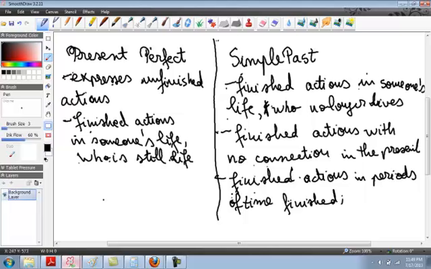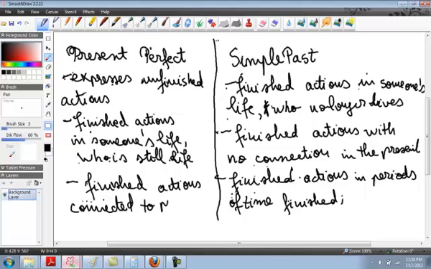Here, on the other hand, present perfect is used for also finished actions, but with connection to the present.